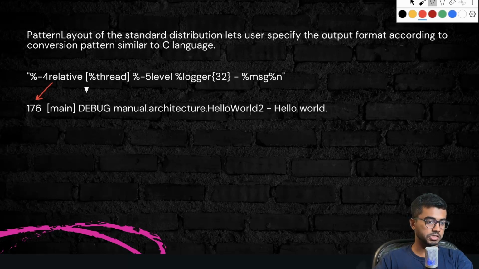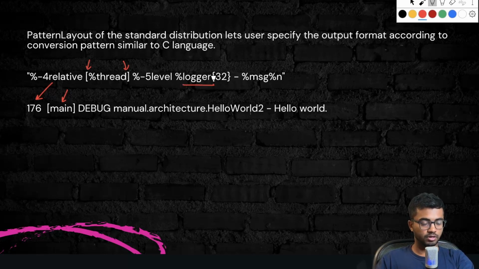So this is basically this. The %thread specifies which thread it is, and this template puts it in a square box. That means the main thread comes in a square box for that reason. %-5level means it will give a total length of 5 for the log level. That means debug or warn or error will all be at most 5, so we will not see a difference.